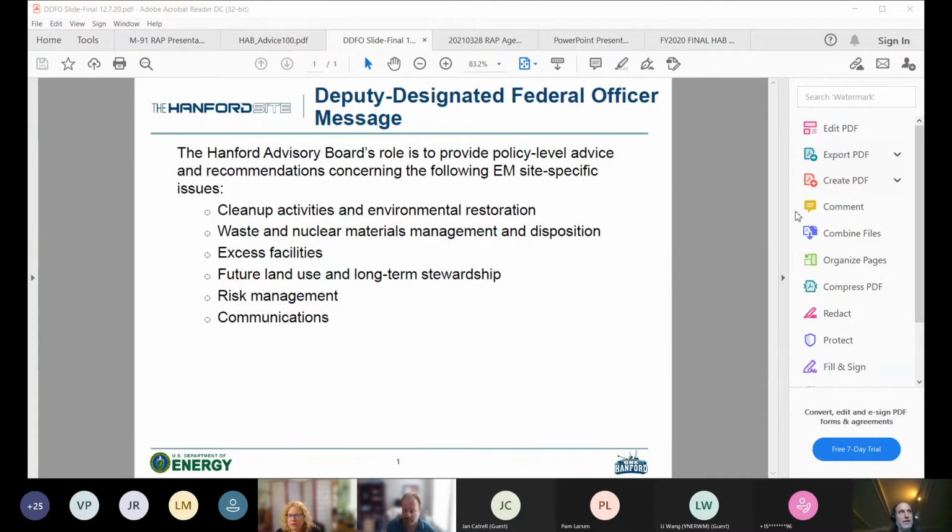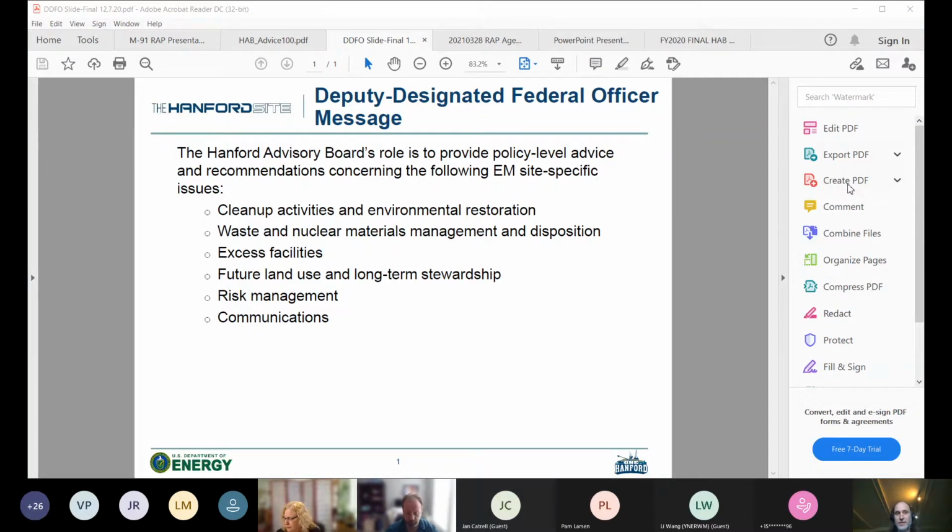As you drill down just a little bit, there's the EM SSAB process and procedures desk reference, which has this list, but also adds technology discussions. And in addition to risk management, it's risk assessment, which is important for RAP and Tankways, the two technical committees. We're allowed to discuss new technologies and the like.